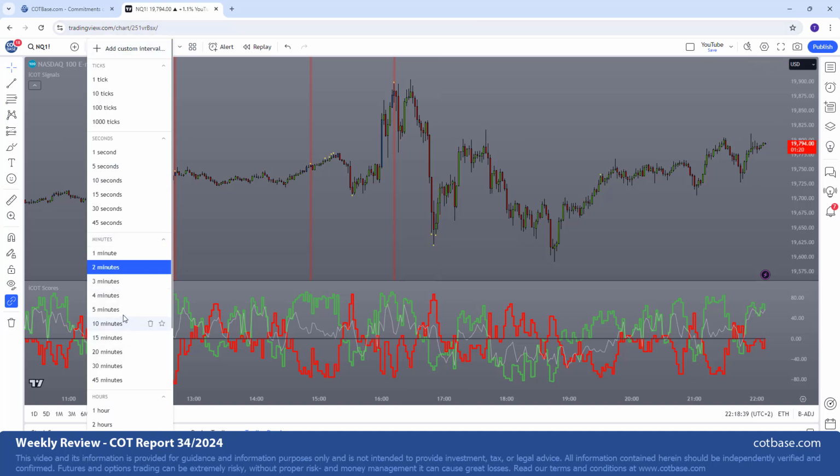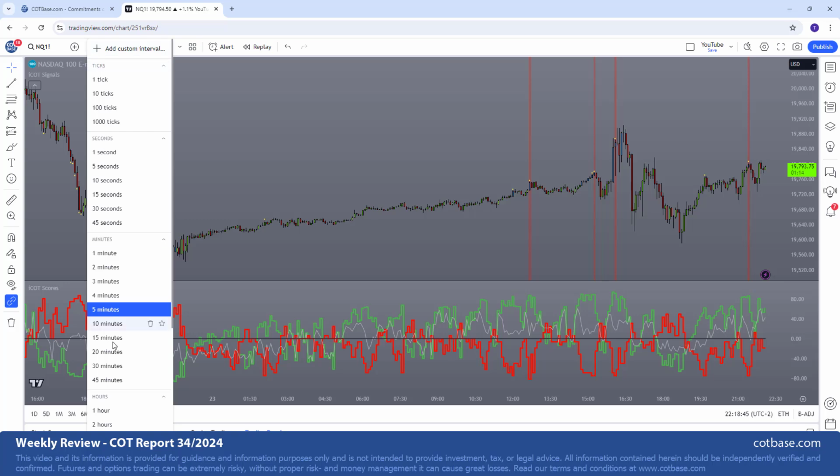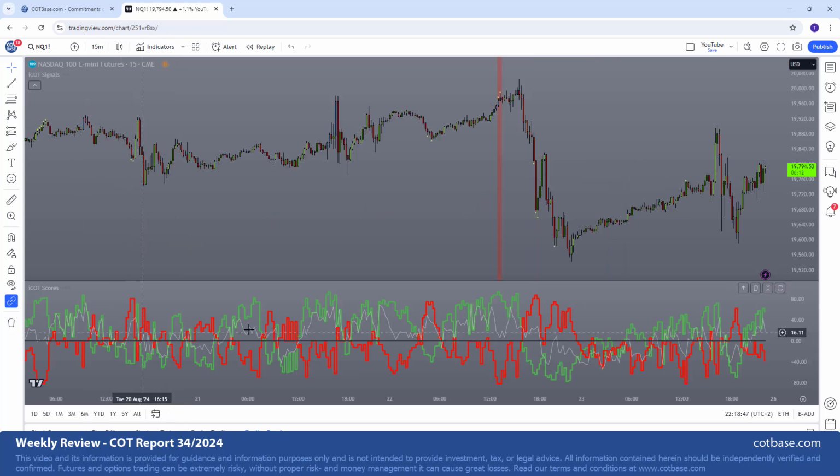I'm gonna move over to, let's say, a 5 minutes candlestick chart, and we can have a look at, let's say, a 15 minutes chart. We can add the iCOT intraday indicator with AfterSignal. So what I'm going to do, I'm going to take off the signals indicator, and I'm going to put on the iCOT intraday indicator with AfterSignal.